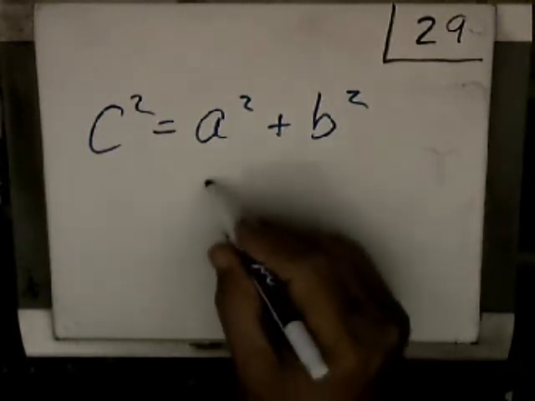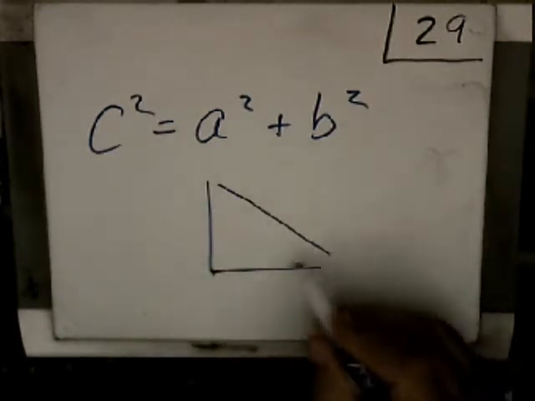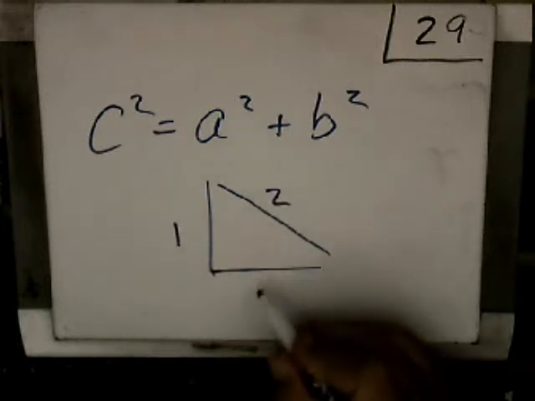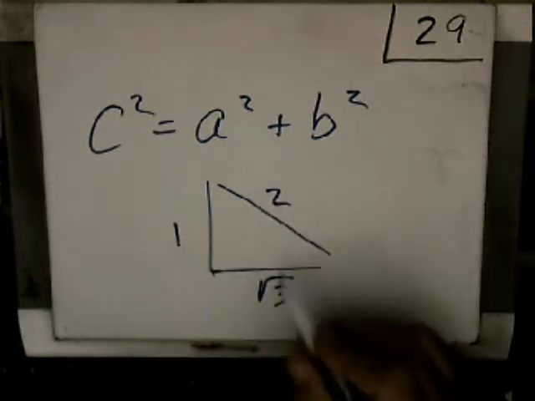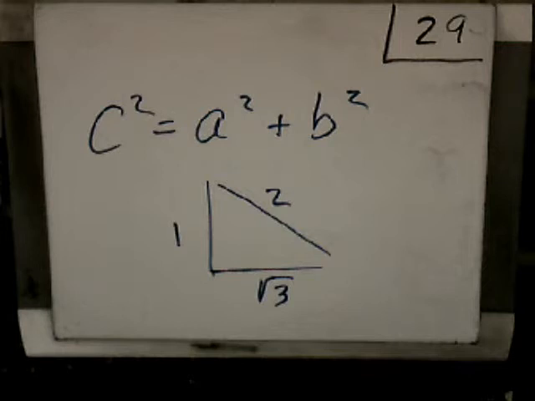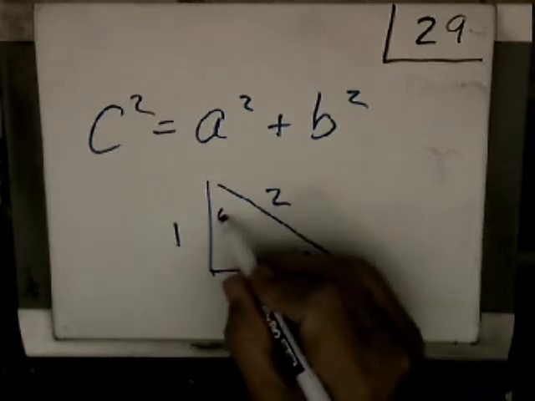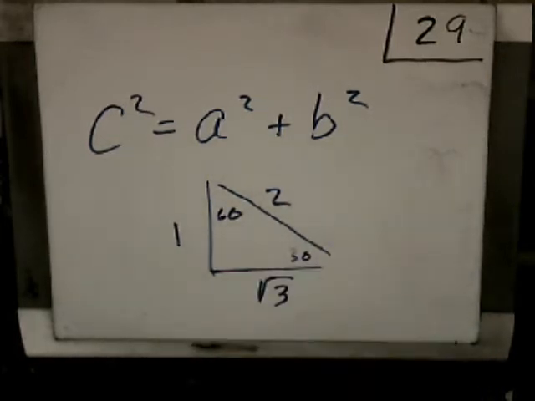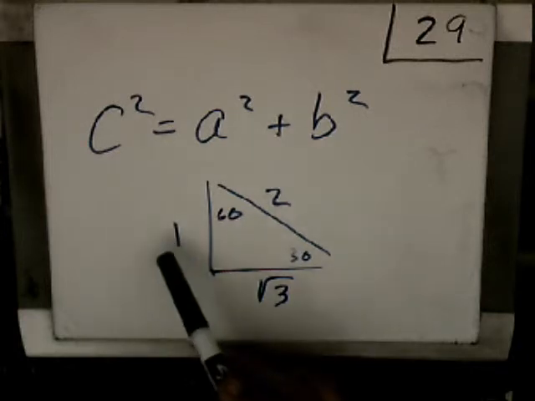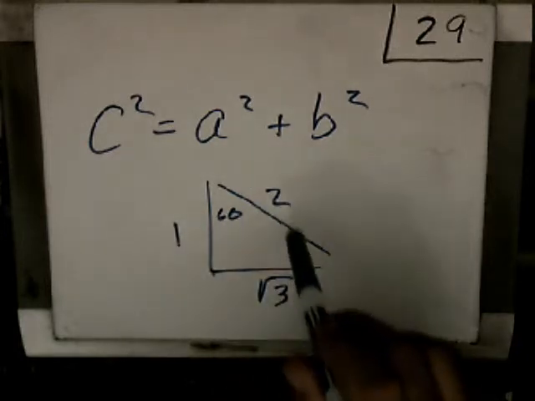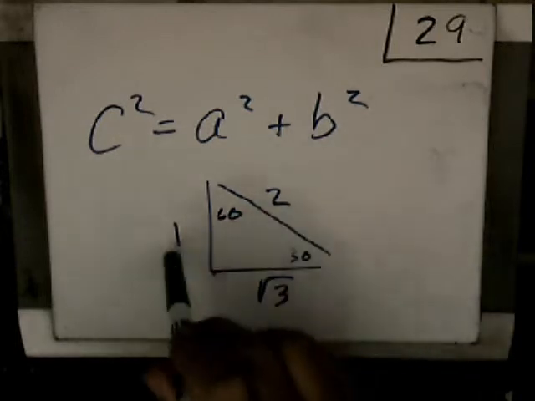Another common triangle is the one that's 1, 2, square root of 3. This happens to be a 30-60 triangle. And so if you know the relationship of 1, 2, square root of 3, 2 being the largest, if I square 1, I get 1.